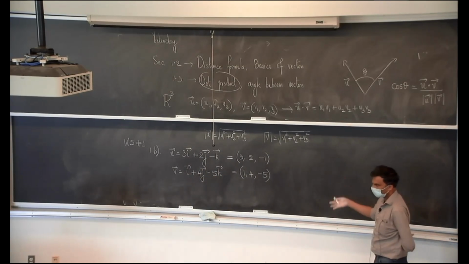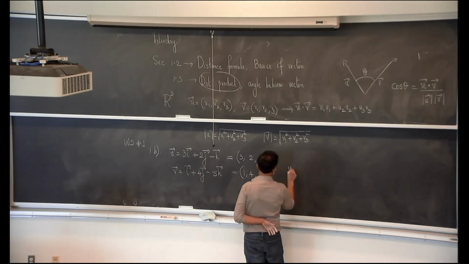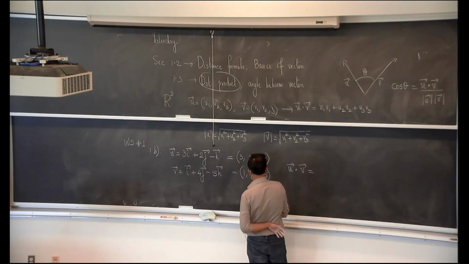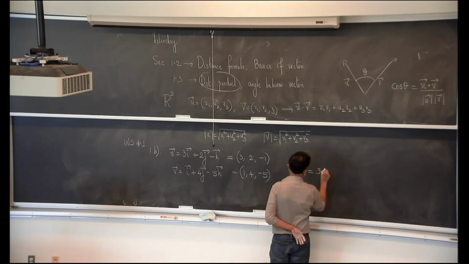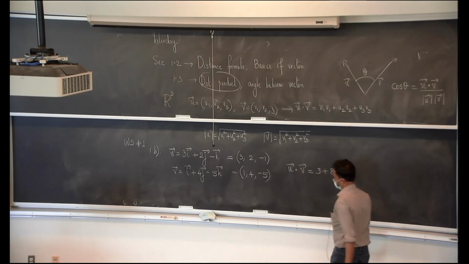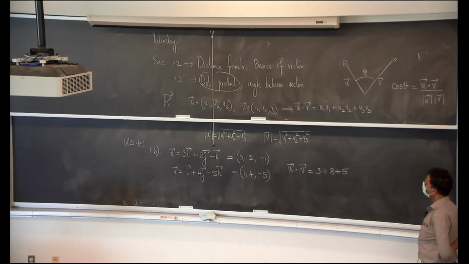Either way, whichever notation is convenient for you. So u dot v is just going to be 3 plus 8 plus 5, not 3 comma 8 comma 5. And that's 16.